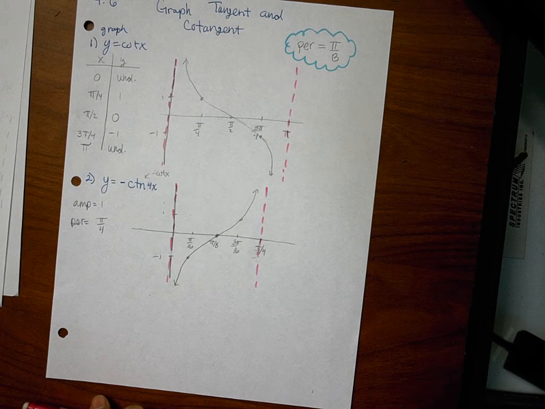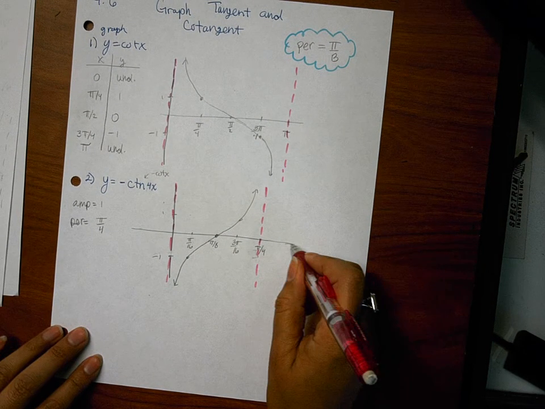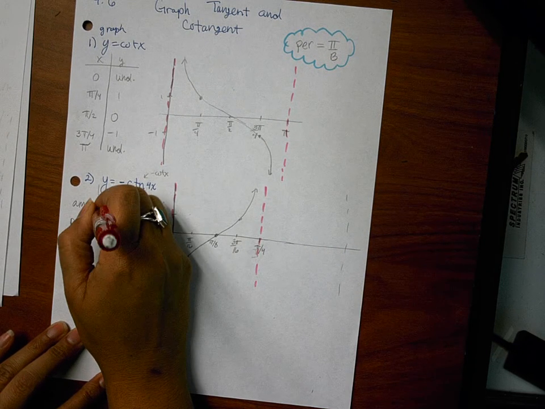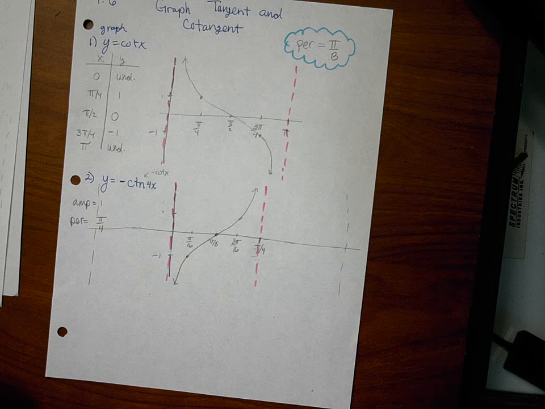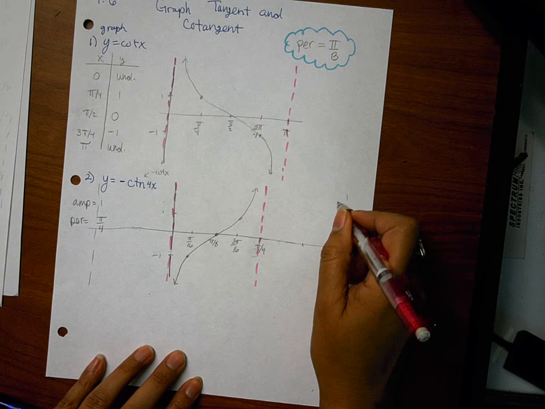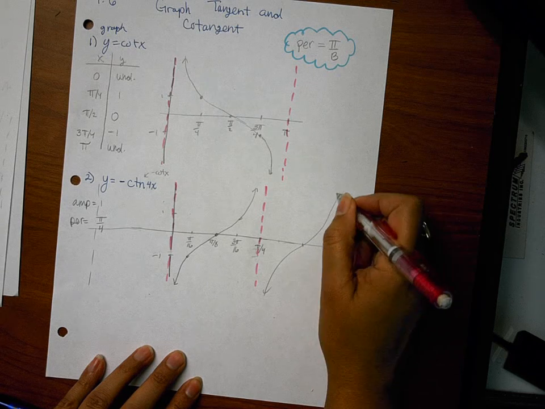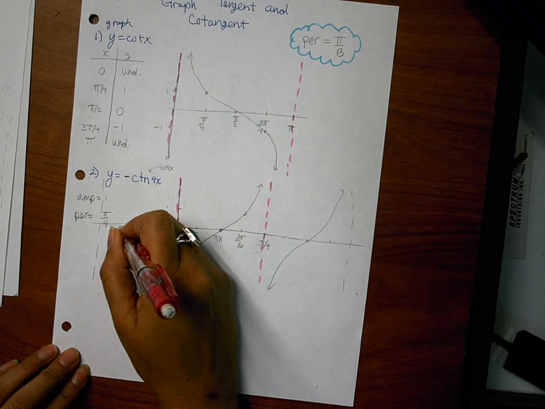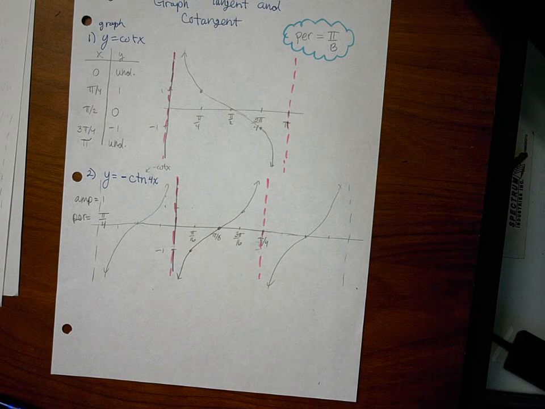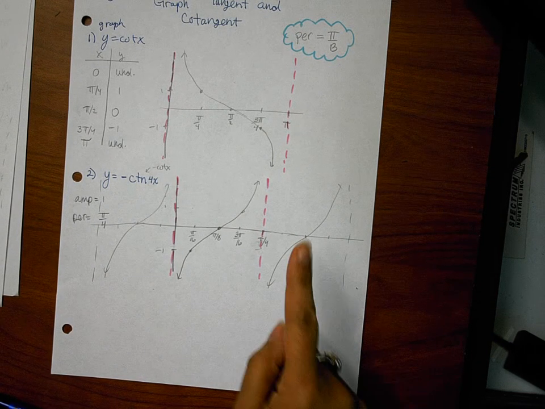Now, technically, we typically only graph one period, but this graph does go on just like the sine and cosine graph. It doesn't oscillate, but it does go on forever, like it's going to do this here and here, and it keeps doing that over and over in both directions, the same type of graph.